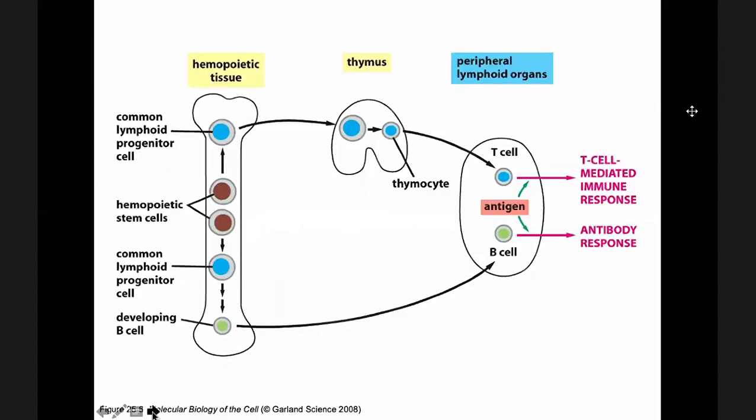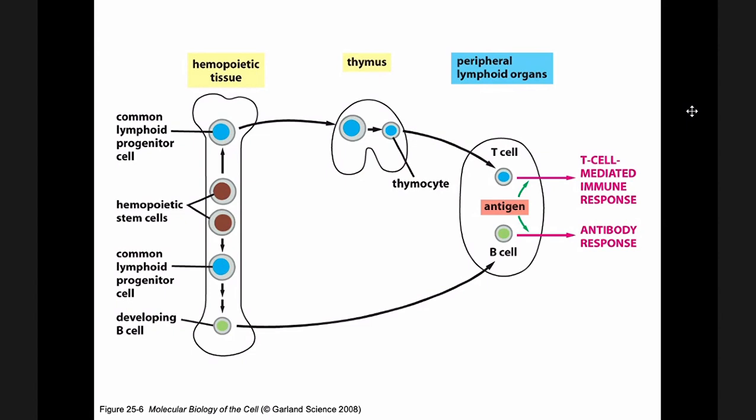Anyways, now if we talk in general about the development of your T and B cells, you have the bone marrow, which is the site of hematopoiesis. So you start from hematopoietic stem cells. These hematopoietic stem cells then differentiate into common lymphoid progenitors.